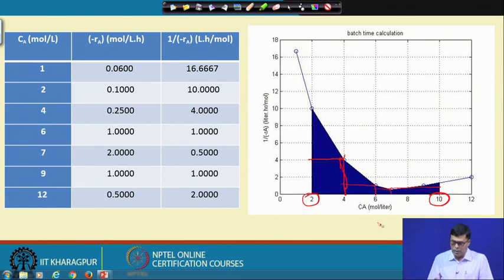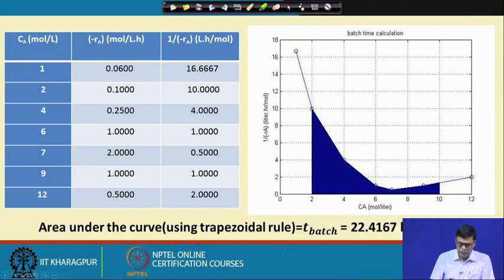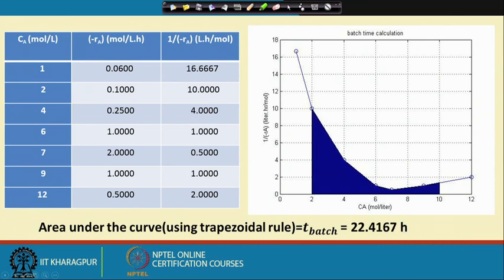So you can calculate the area under this curve, maybe in 1, 2, 3, 4, 5, 6 parts, and then you find out the t batch, the time that you require in the batch process. It will come to around 22.416 hours from the graph.